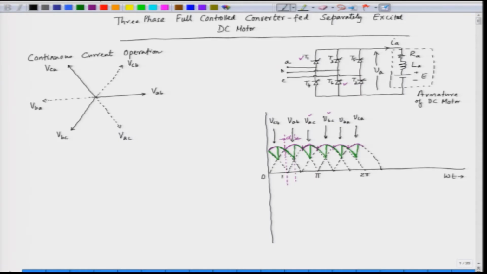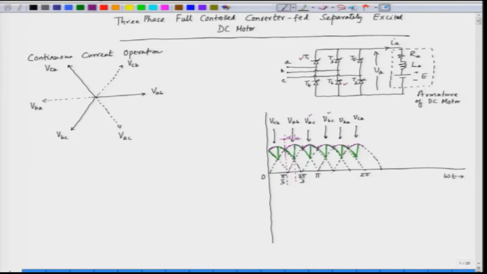These are pi by 3, and this is 2 pi by 3, and so on. In the x axis we have the angles, that is omega t. Now, we have to find out the average output voltage. The average output voltage can be found out by integrating over 1/6 of a cycle.